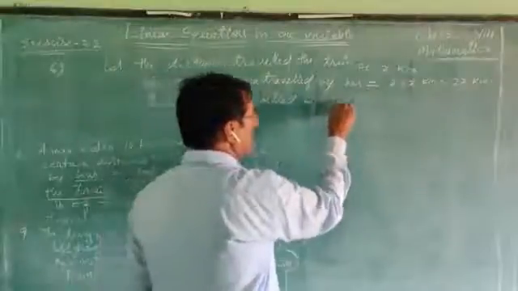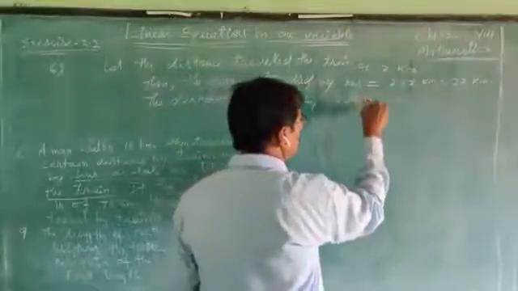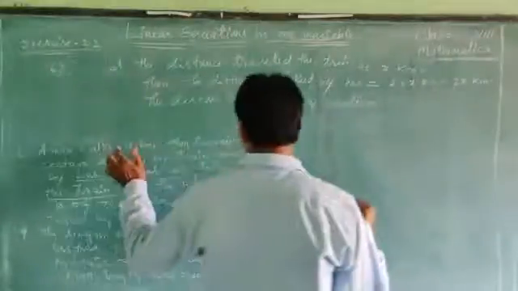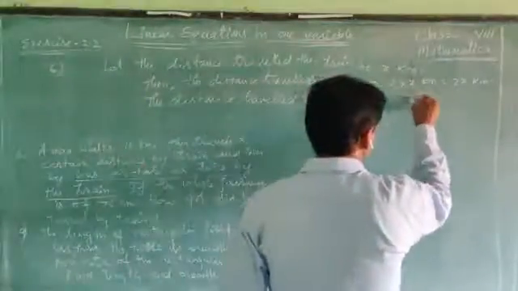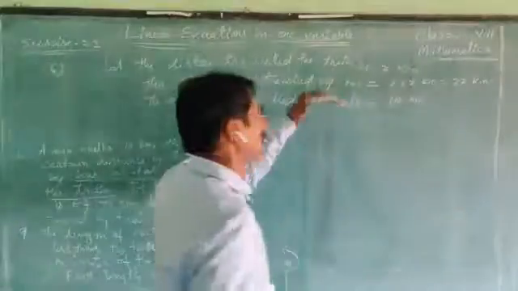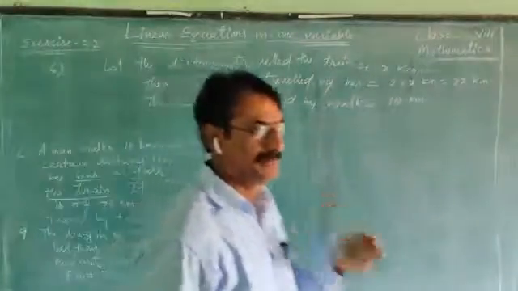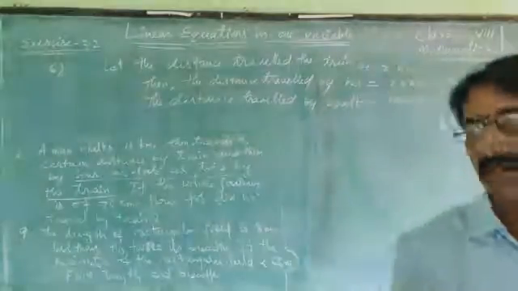By walk, given is 10 kilometers. Yes, we know the 3 distances: by train, by bus and by walk.